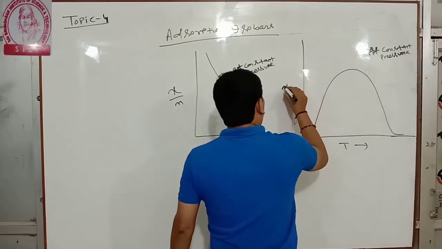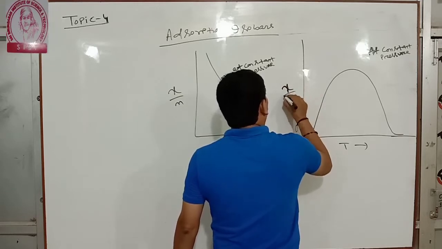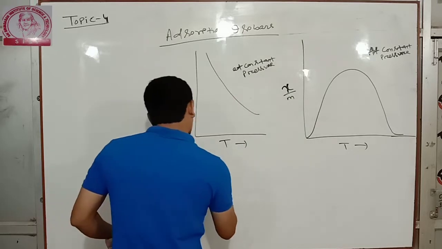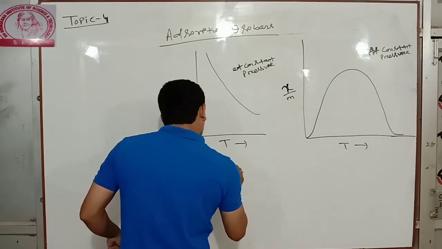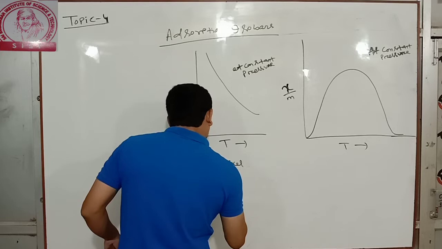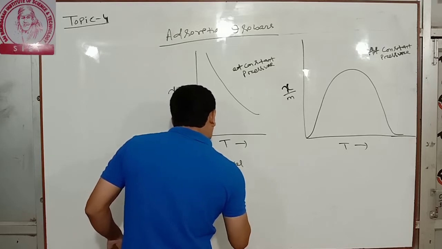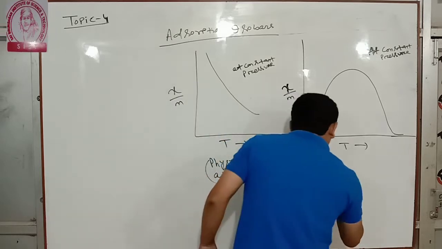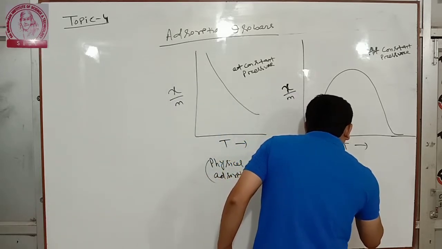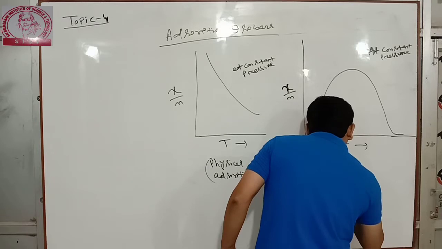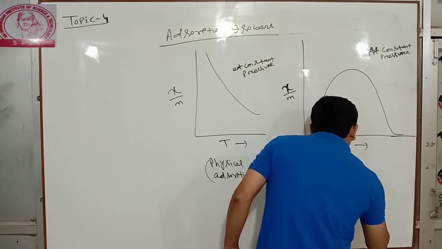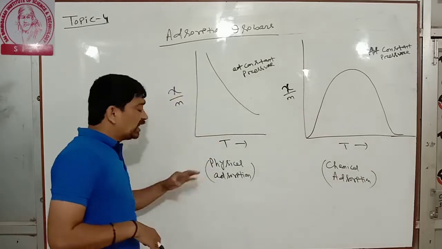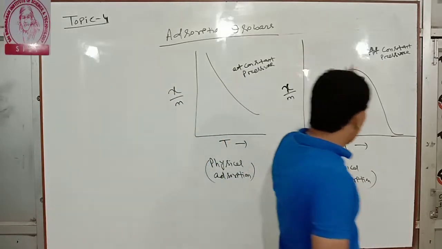So x by m. This curve is for physical adsorption, and this curve is for chemical adsorption.